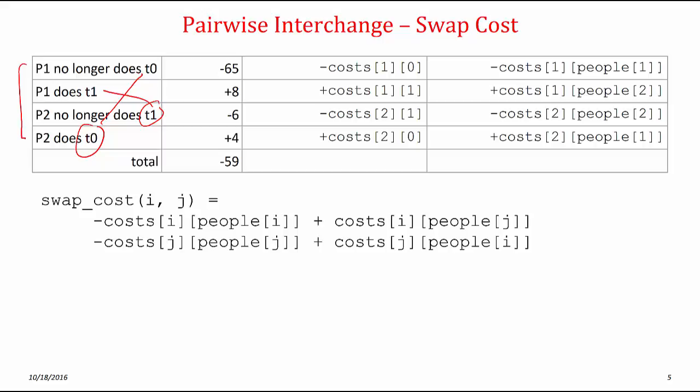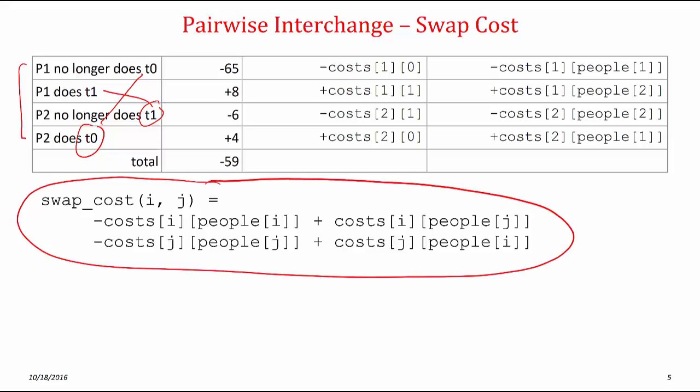So we can compute that cost, the generic cost, using our cost matrix. Recall that our cost matrix is the cost of person I performing task J. And so our overall swap cost for 2 arbitrary tasks, I and J, is simply the cost associated with person I not doing their currently assigned task, plus the cost of person I doing the newly assigned task, J, minus the cost of person J not doing their currently assigned task, plus the cost of person J doing their newly assigned task.